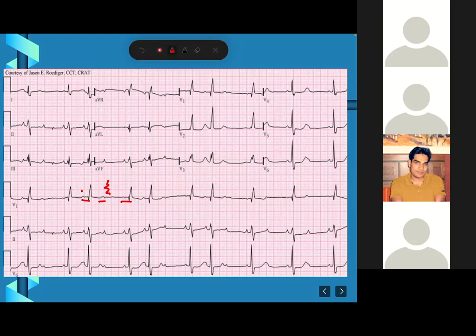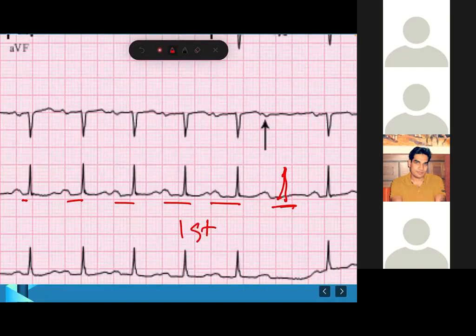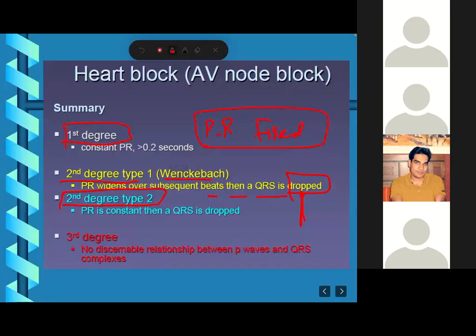Then again, P wave, QRS, P wave, QRS, P wave, but no QRS. In this, there is a fixed PR interval, but there is a missed beat. This is the recognition of second degree type 2.